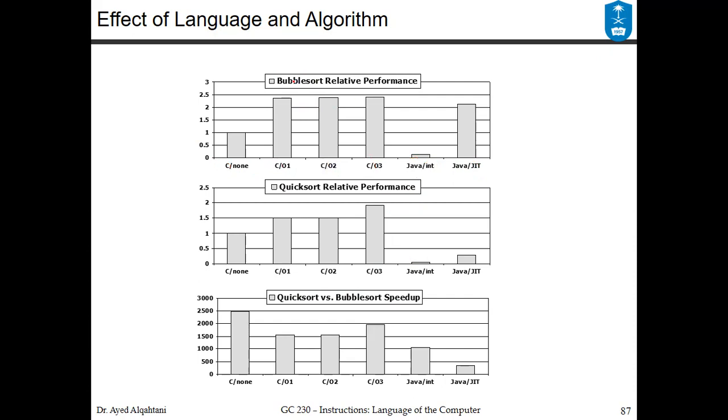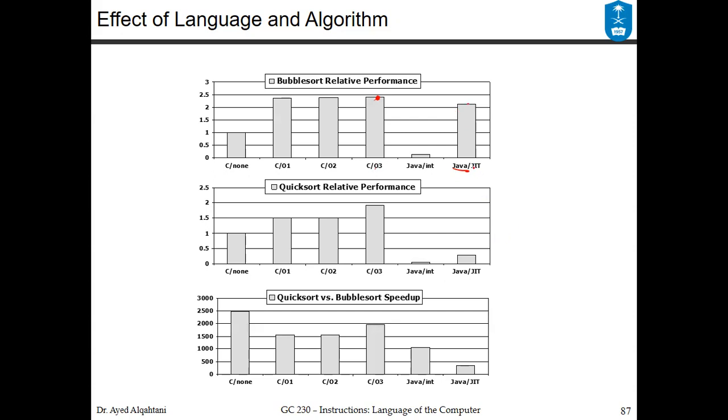So what happens in the bubble sort, you can see that the highest performance is using the C language with the third type of optimization. If we used another language that does the same thing, we used Java, and we found that the performance is a little bit low.